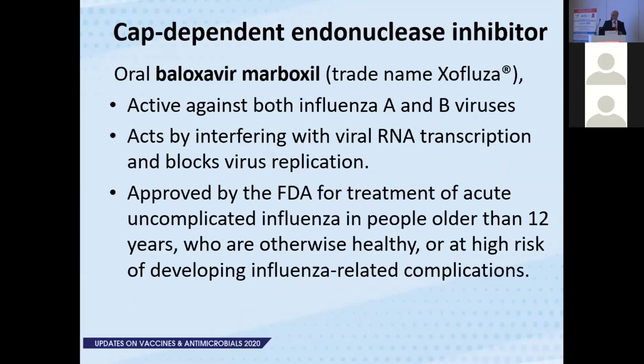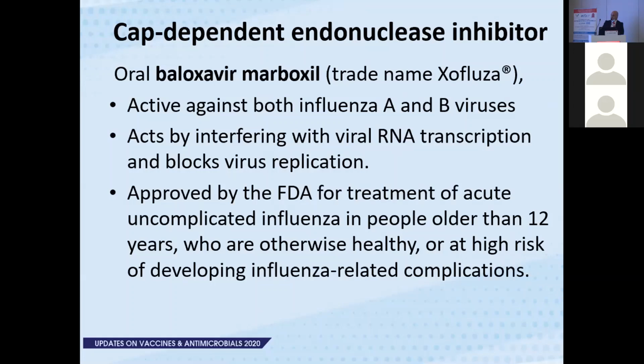Now moving to the second category of anti-influenza therapeutics, that is the cap-dependent endonuclease inhibitor. In this category, you have only one antiviral, which is baloxavir marboxil, known as Xofluza commercially. Again, it is active against both influenza A and B viruses, so it's a good choice to use during the winter or autumn season.